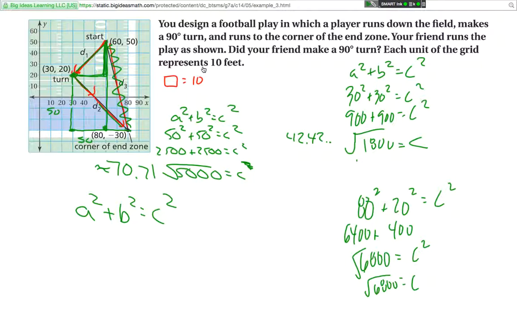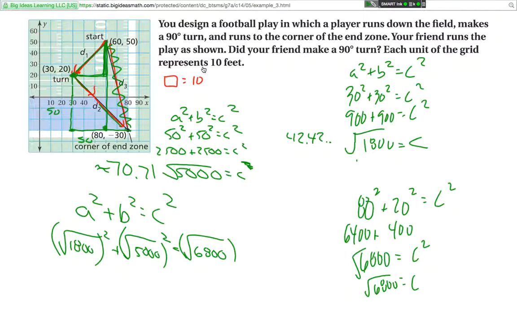A is what? The square root of 1800, correct? The next one is the square root of 5,000. What do you notice about something that's being square rooted and you're going to square? What's going to happen? The square root's going to go away, right? If you're squaring a square root, remember the square root is a 1/2 power, so it ends up being canceled out.